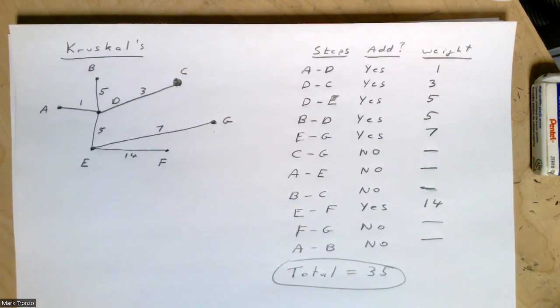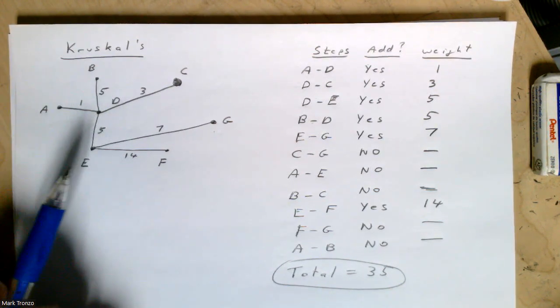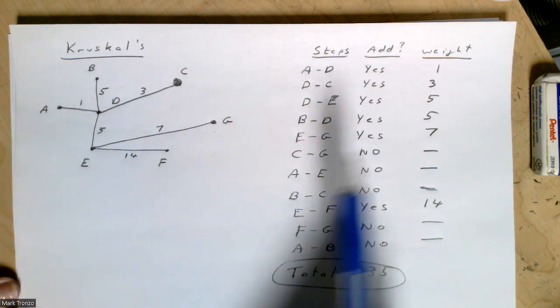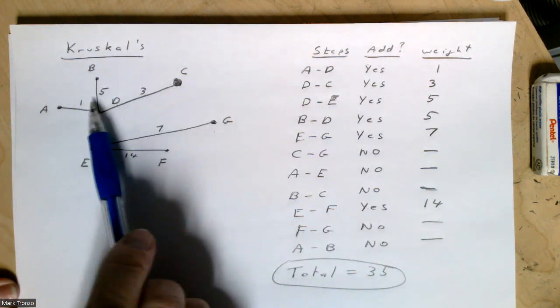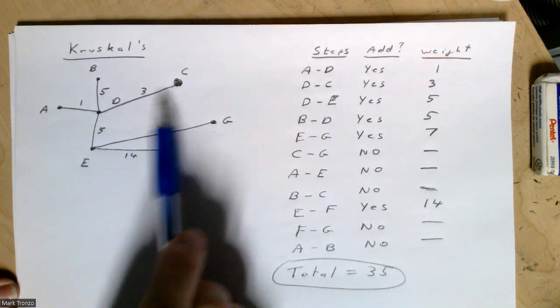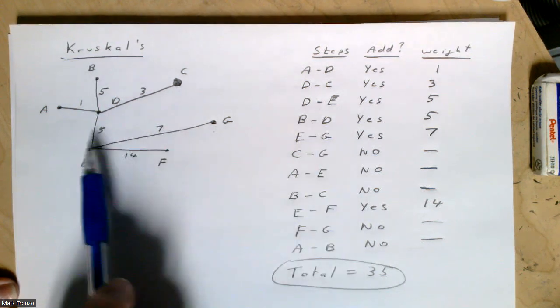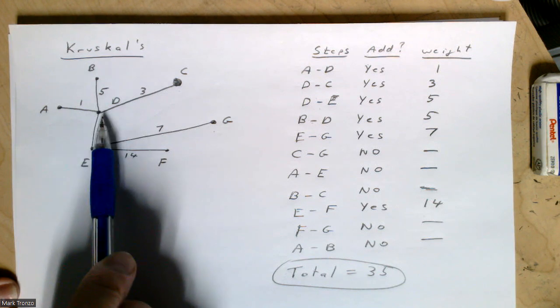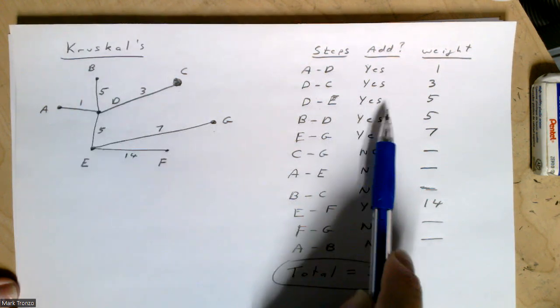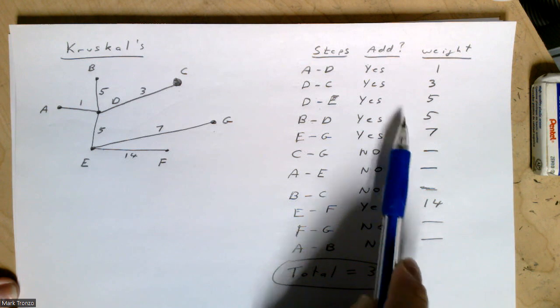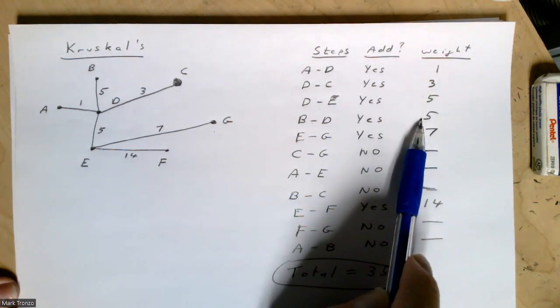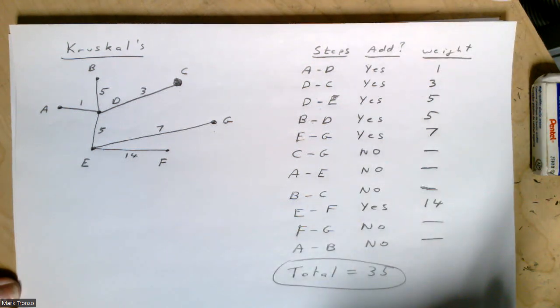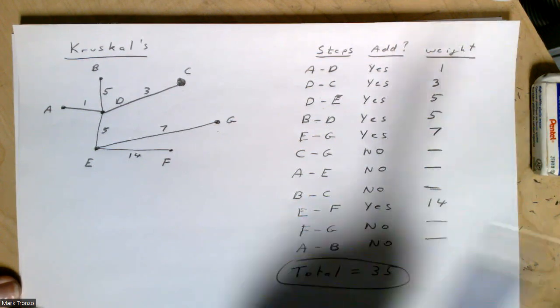So now, again, remember we had these duplicates, we picked DE first and then picked BD second. But since they were both added, it really wouldn't matter which order we did it.